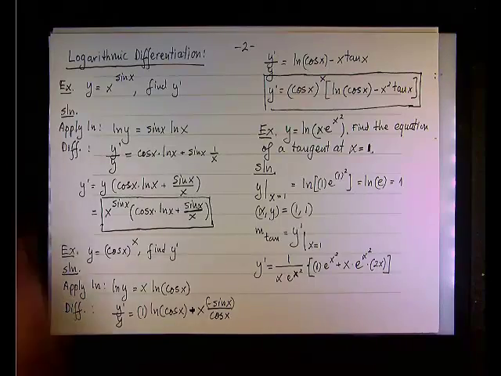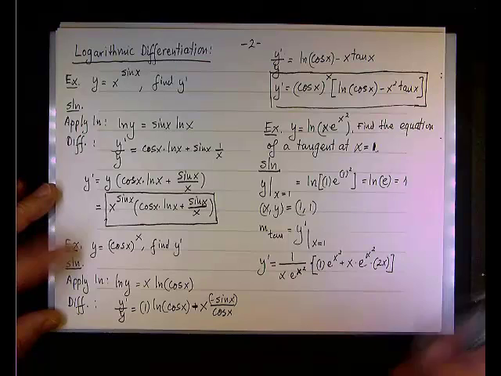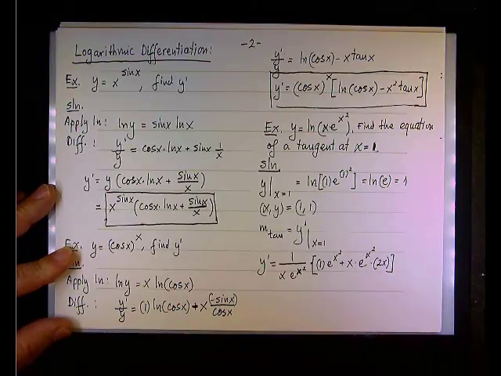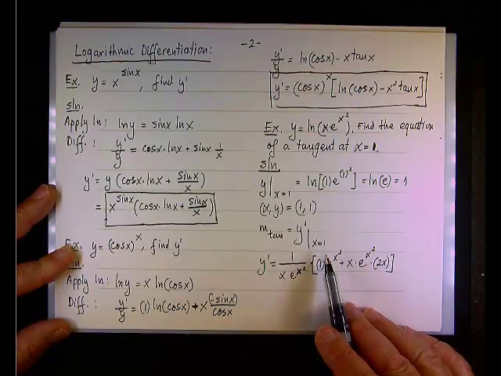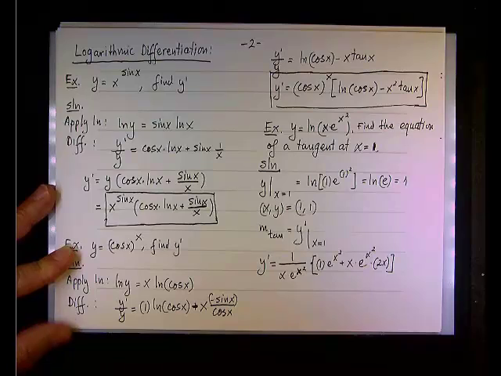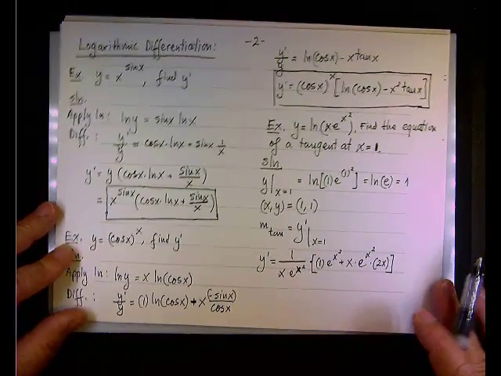Indeed, I'll simplify it. For those of you who don't want to simplify, if you want to stay goal-oriented, what you want to do is find the slope of the tangent, or the derivative at x equals 1. So you can go ahead and replace x with 1 at this point, but it's kind of not neat.